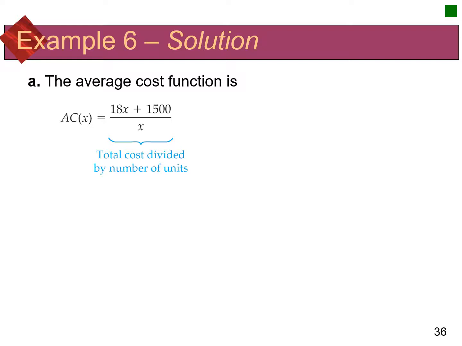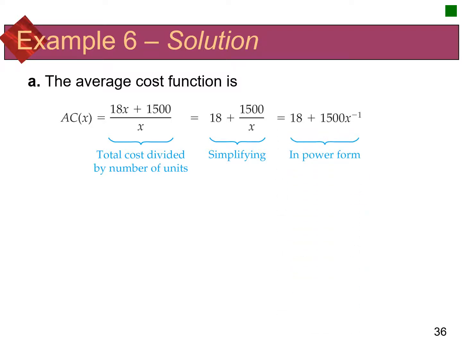I would say that it might be overall easier if you were to carry through the division first, and make this, instead of 18x plus 1,500 over x, 18 plus 1,500 over x, which is the same thing as 18 plus 1,500 times x to the negative 1 power.